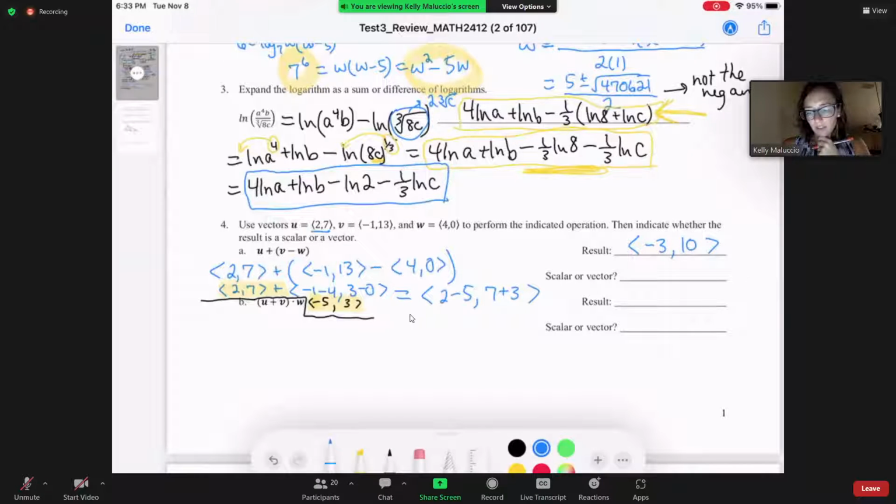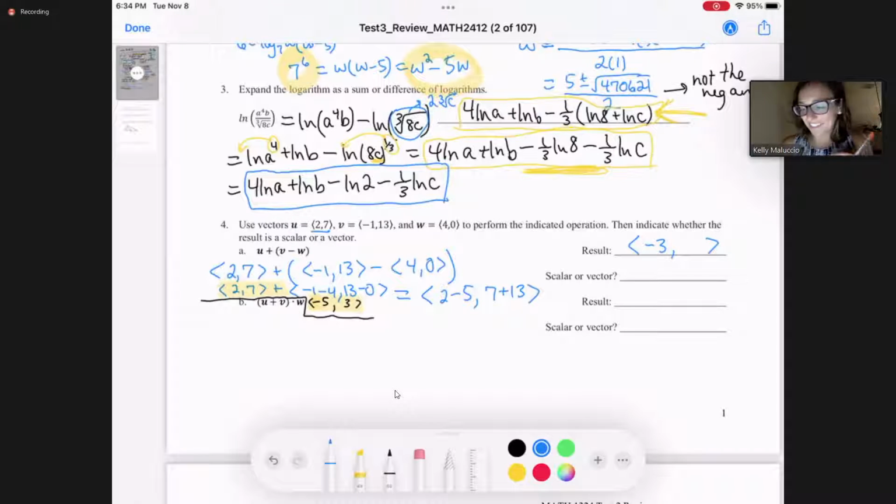Or did I add that? Hold on, what did I do? 3 or 13? Oh my God, yeah. I'm losing it. All right, I just changed it from a 3 to a 13. No idea why, no reason. Just felt like I don't need that 1 anymore, you know? Okay, so it is 13 minus 0. Yes, it's 13. And 7 plus 13 is 20. I was like, I don't remember getting 10 when I did this yesterday. Okay.